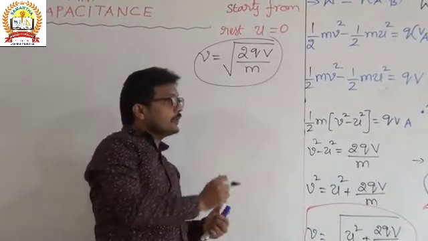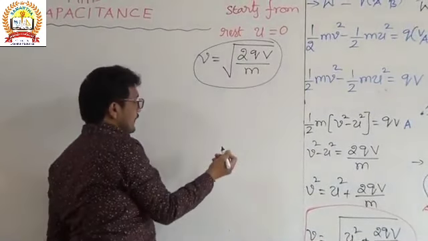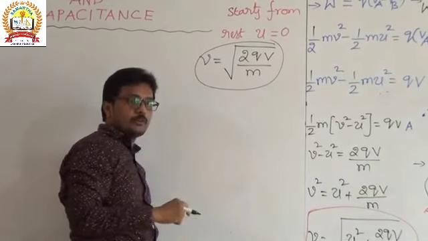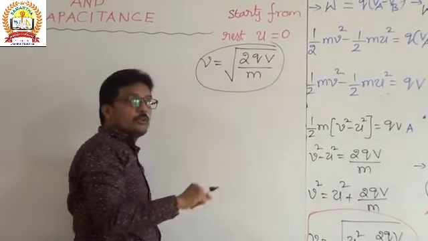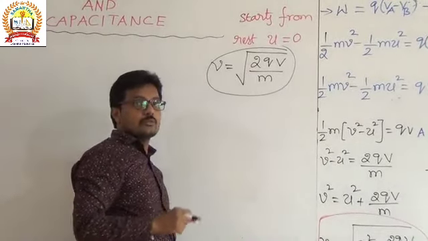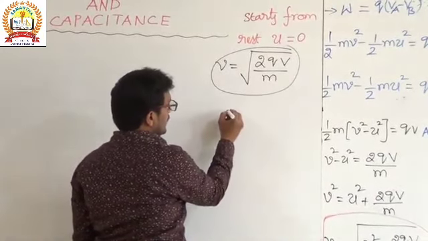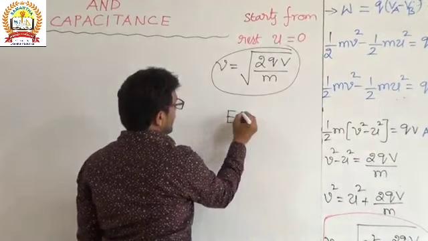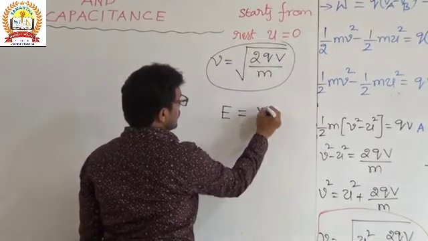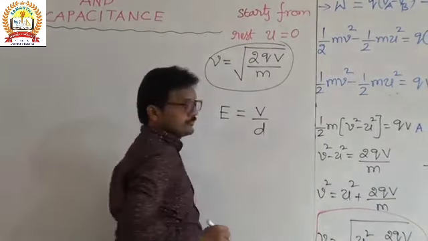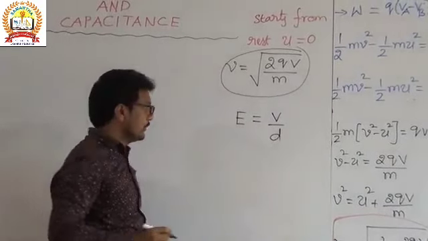And if it is a uniform electric field, we can write this in terms of the electric field. As we know the relation between electric field and potential, E is equal to V by d.